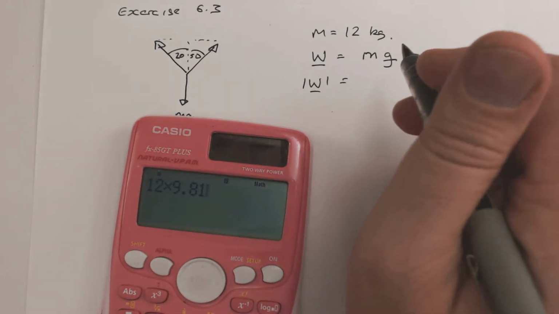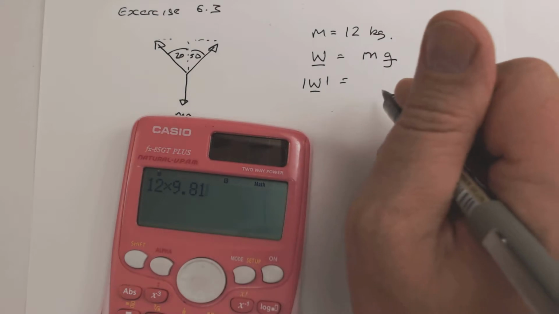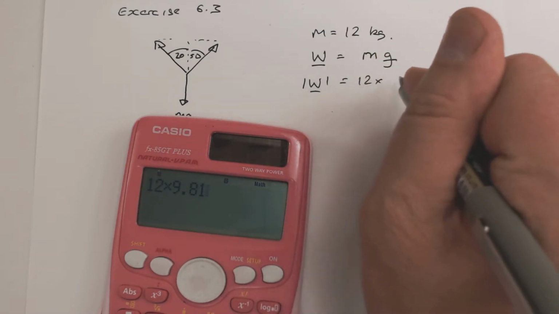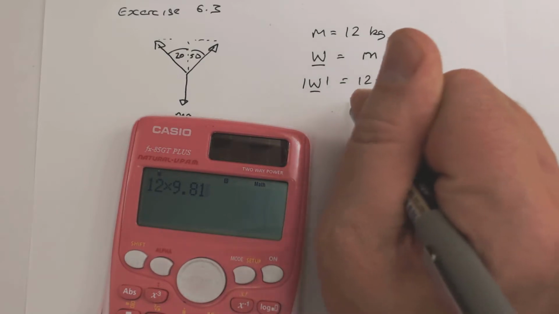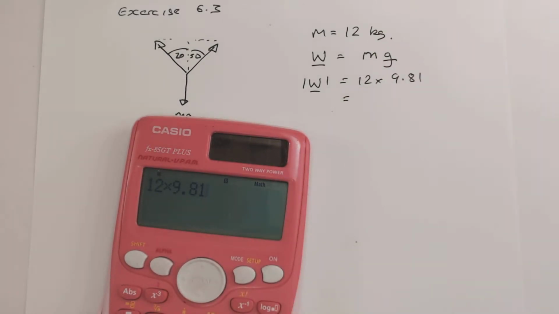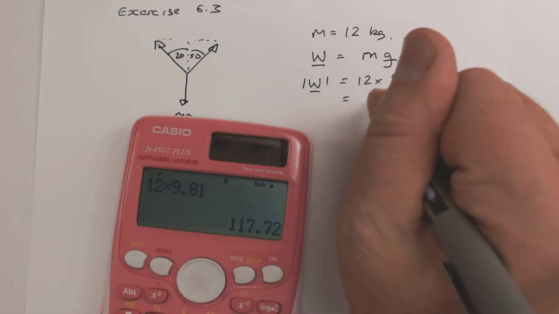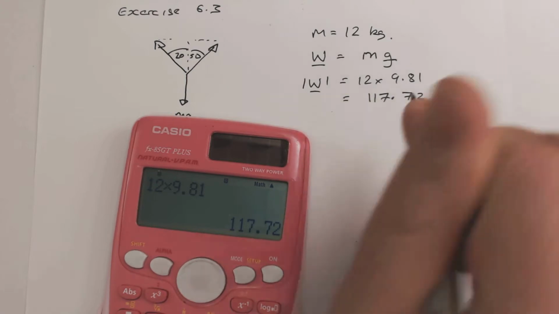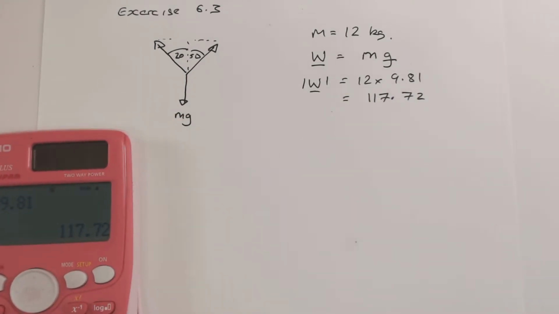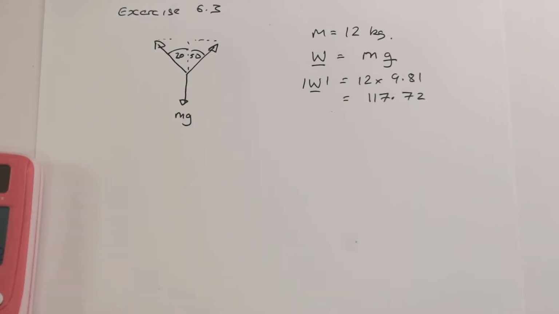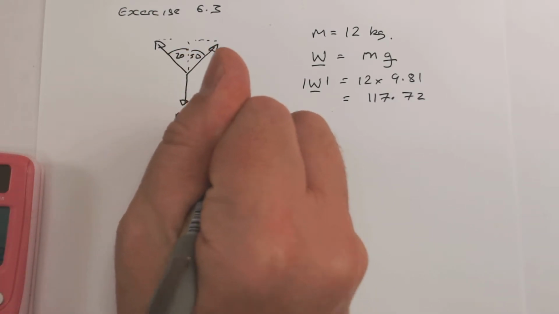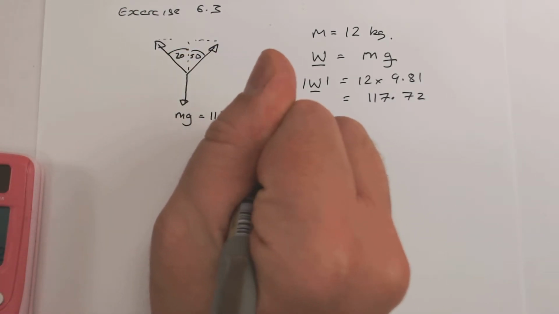Maybe you might take it to 10, but otherwise for your calculations, 9.81 will do. So 12 times 9.81. So we have a total force of 117.72. Notice I'm not going hardcore here, I'm using angles and things. So this equals 117.72 newtons.